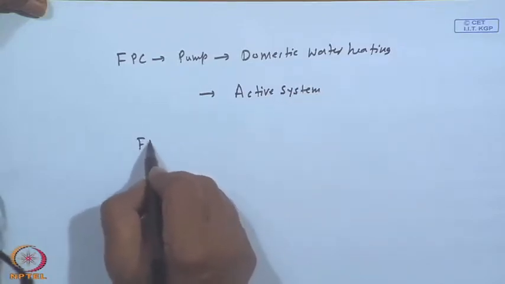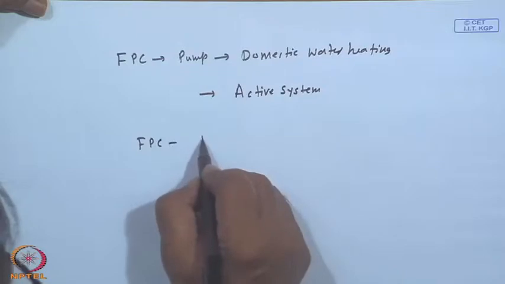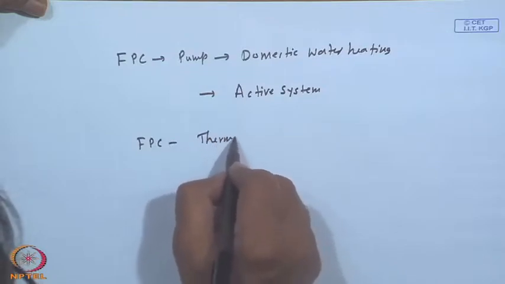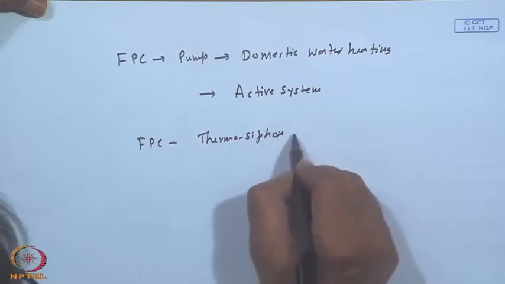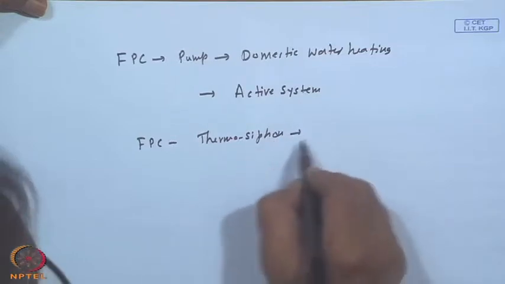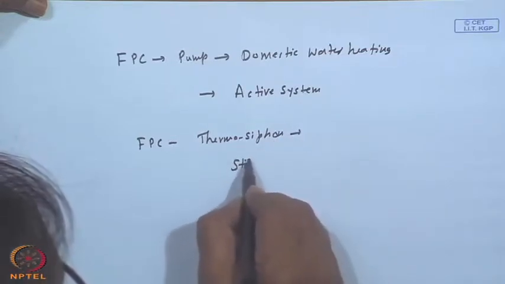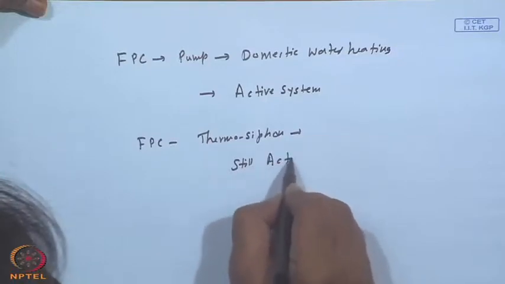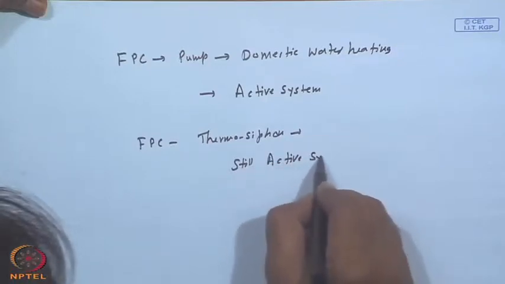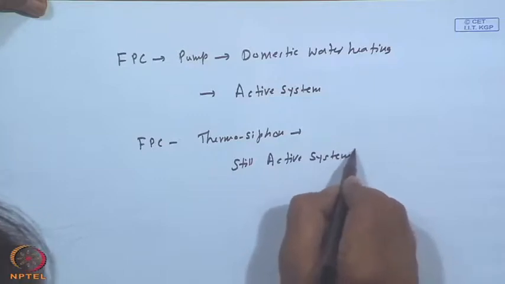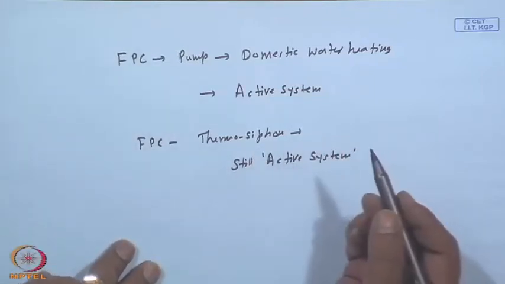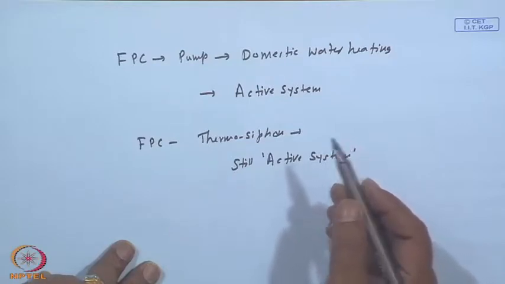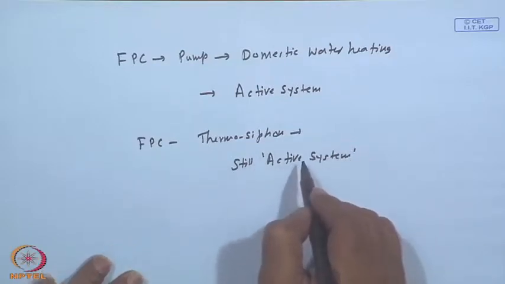Similarly, use FPC, use thermosiphon, still an active system. Because there is no auxiliary power, there is no pump, we do not call it a passive system, we call it still an active system.